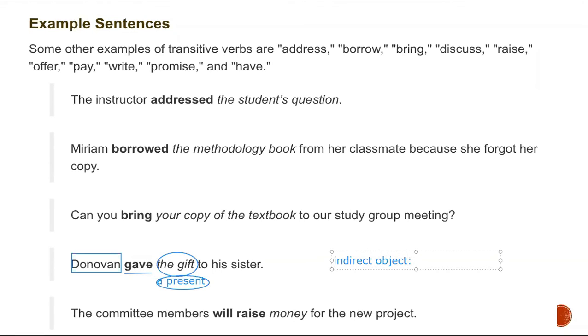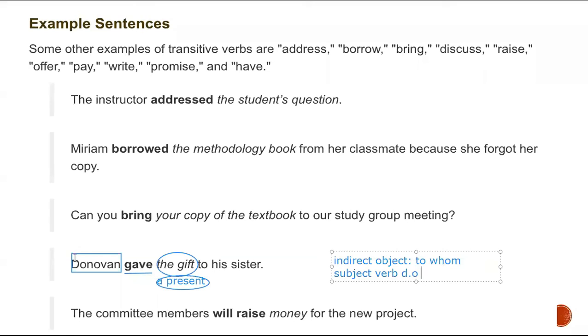The formula to know if we have an indirect object is to whom plus the subject plus the verb plus direct object. Exactly. Now let's see. To whom, subject?